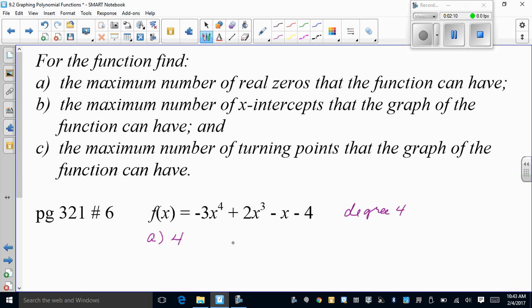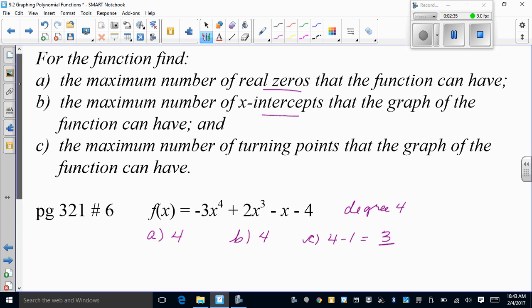Part B, the number of x-intercepts, which is the same as real zeros, is 4. And C is going to be 4 minus 1, so 3. So we can have as many as 4 real zeros, 4 x-intercepts, and 3 turning points.